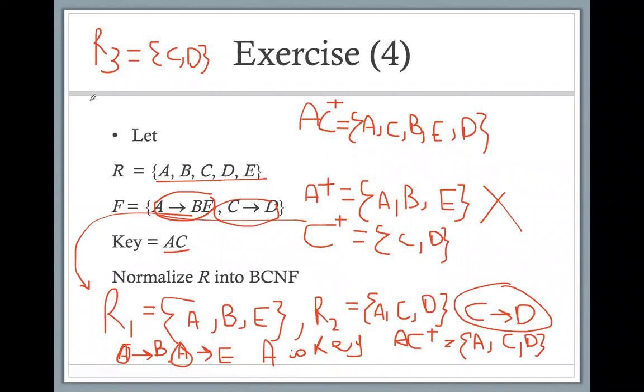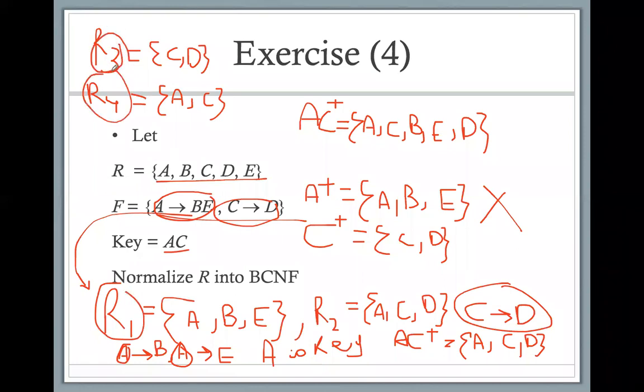And I have another table which contains the rest of the attributes plus C, so we have A and C. Okay. So now what are my tables? The final tables are R1, R3, and R4. You can verify, of course, that there are no functional dependencies now that violate BCNF.